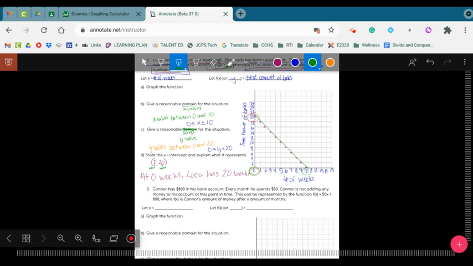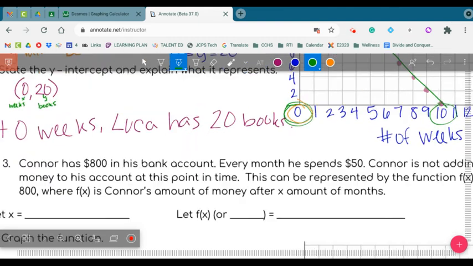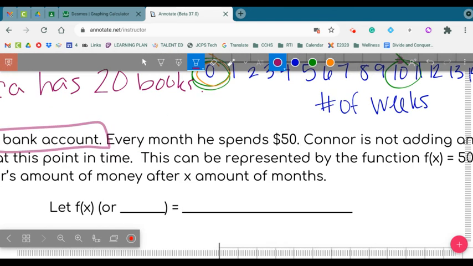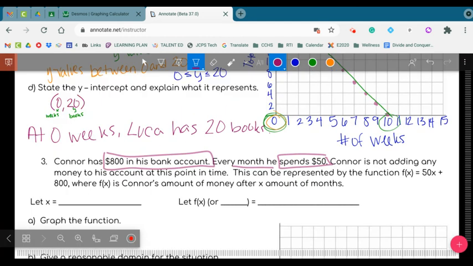We're going to go down to the last one. Okay. So Connor has $800 in his bank account. That's important information. Every month he spends $50. Connor is not adding any money to his account at this point in time.